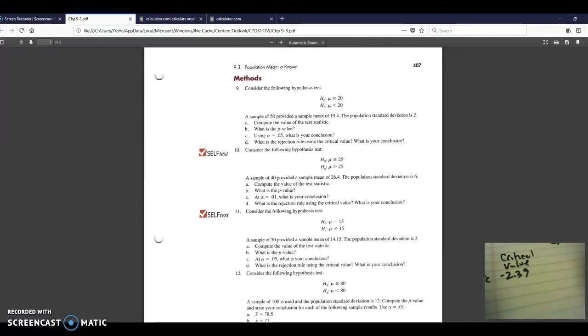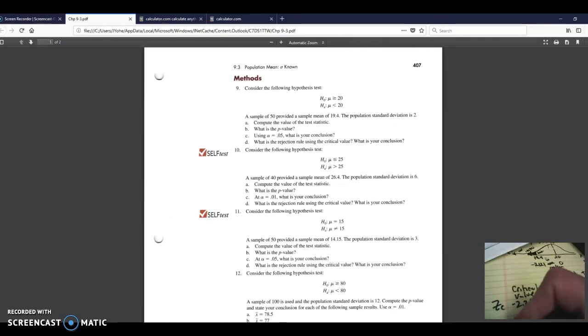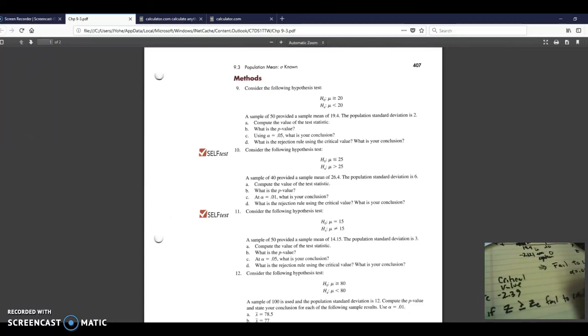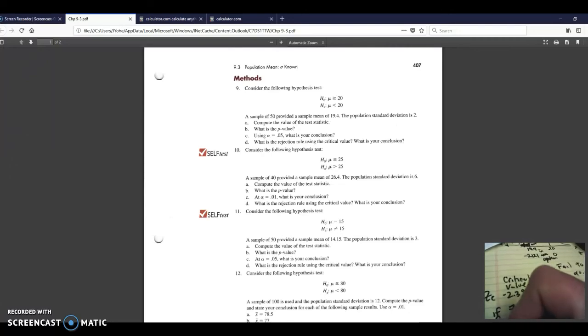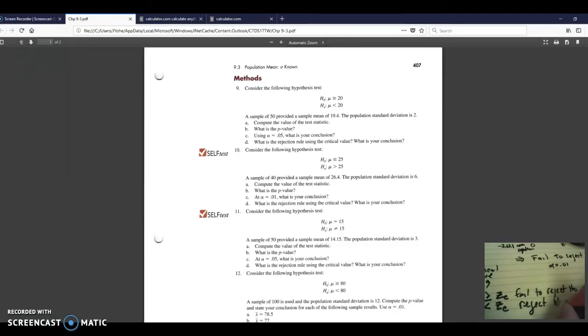We would have said, doing a one-tail test, that if z, our calculated z, is greater than or equal to our critical z, we would fail to reject H naught. If we calculated a z less than our critical value, we would reject H naught because we're doing a one-tail test here.